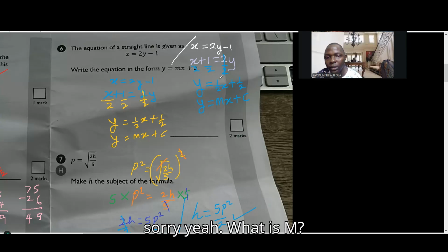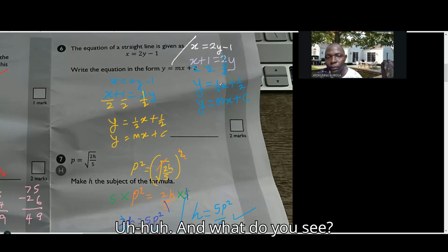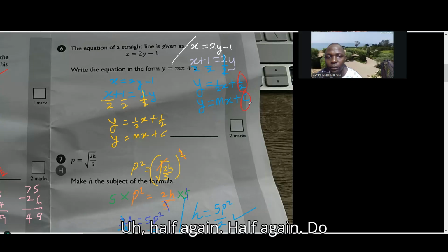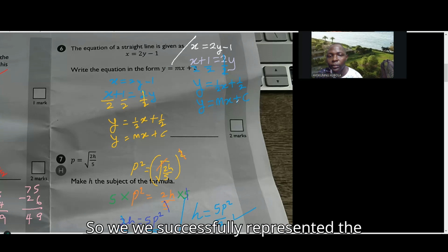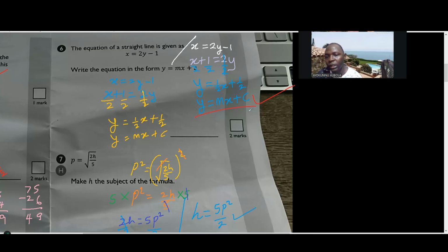Half. And what is c? Half again. Do you understand it? So we've successfully represented the equation given as the equation of a straight line.